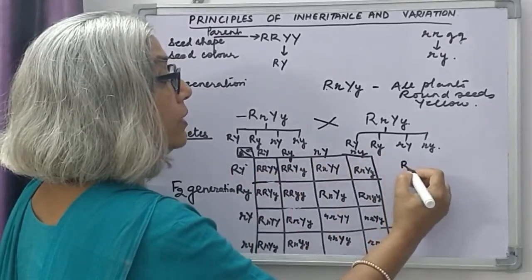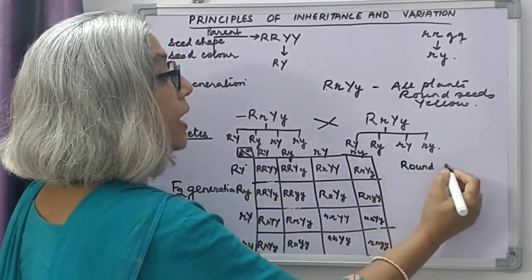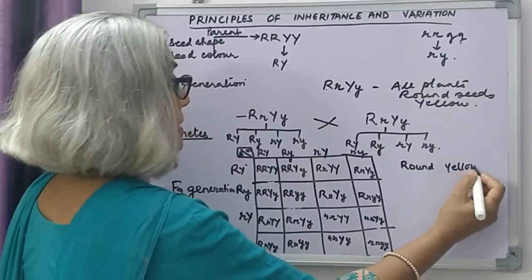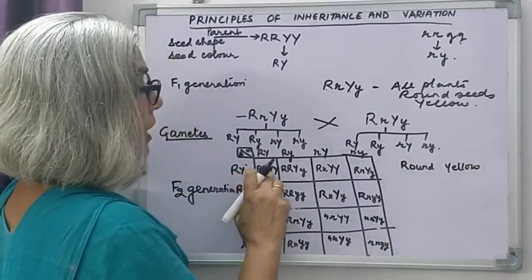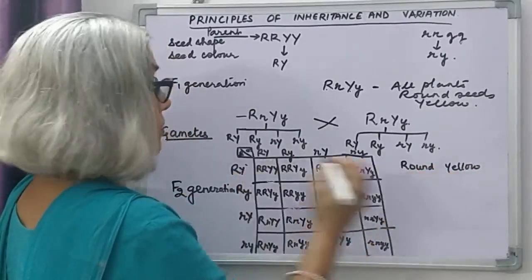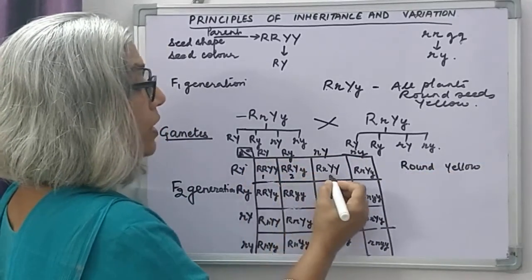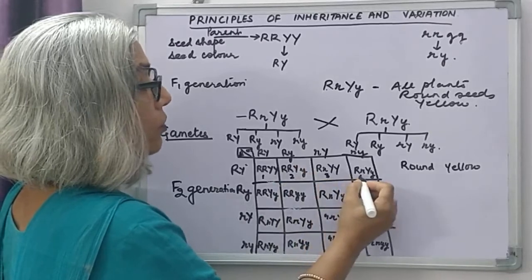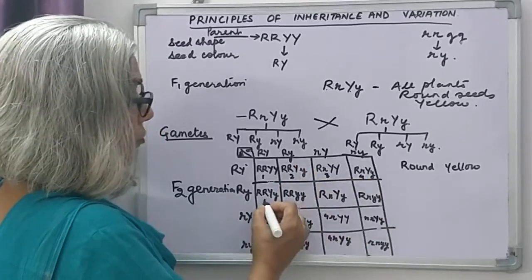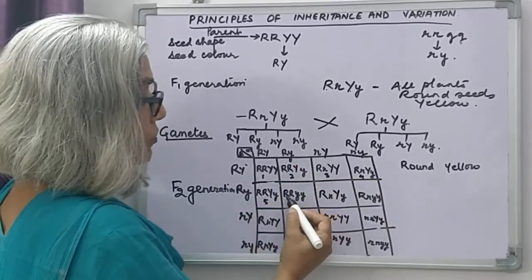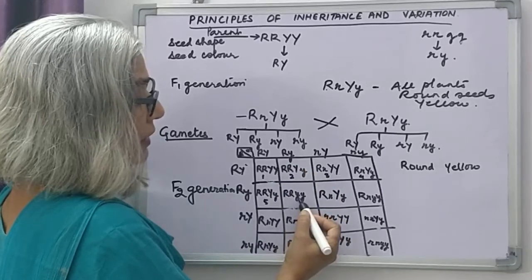So one kind will be round and yellow seeds. So this is round and yellow. We will count. 1 round and yellow, 2 round and yellow, 3 round and yellow, 4 round and yellow, 5 round and yellow. This will be round and green.